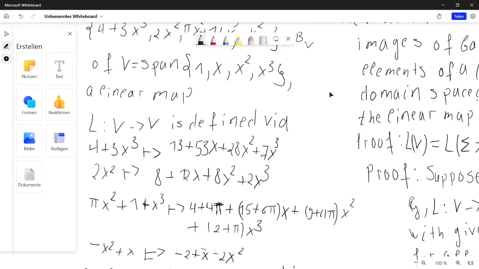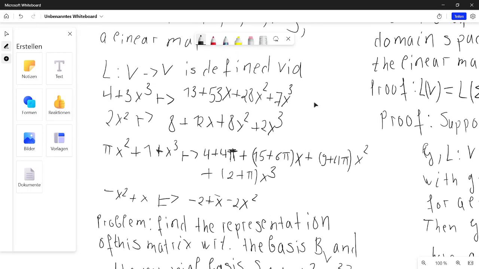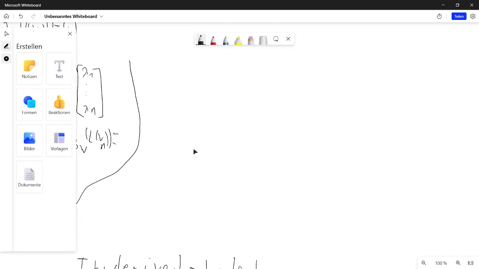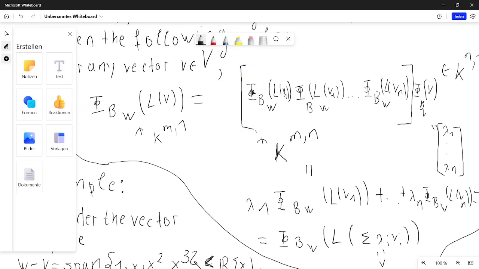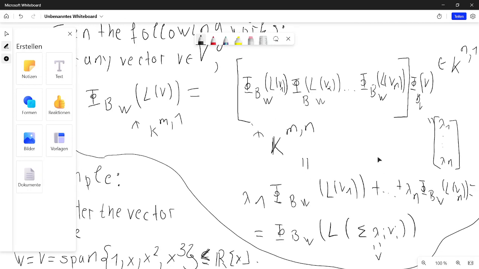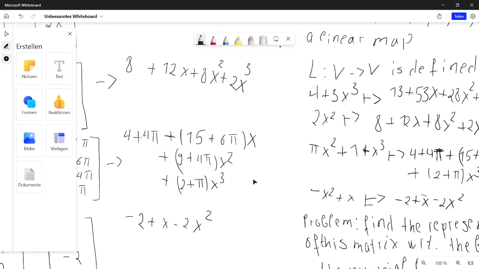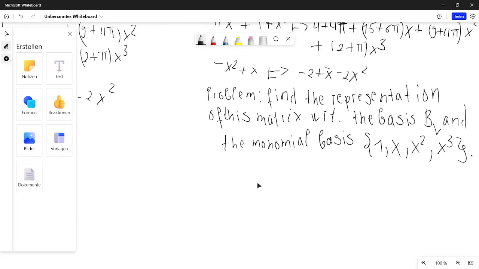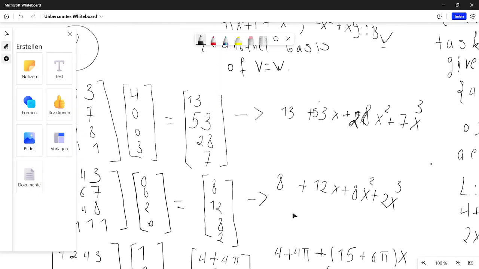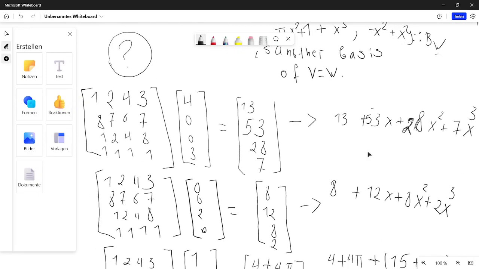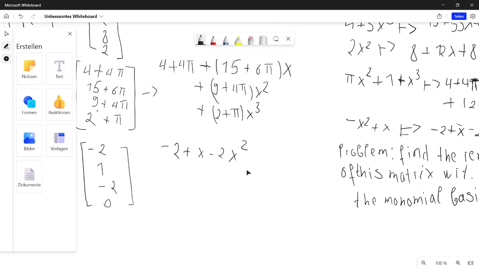We just look at that, and we see the only thing that we have to do is determine the coordinate vectors of our images with respect to the basis they ask for in the target space, and now it's the monomial basis, so we just write those coordinates like that, right? That's right.